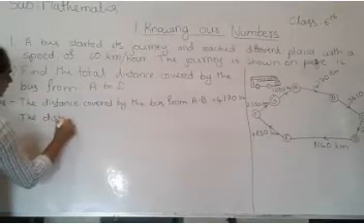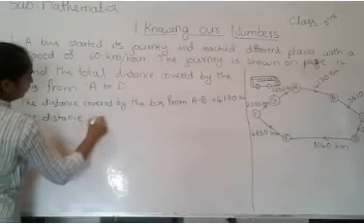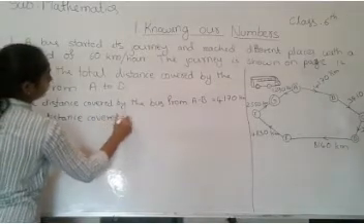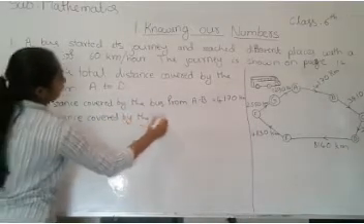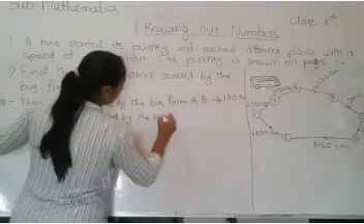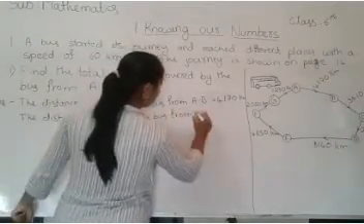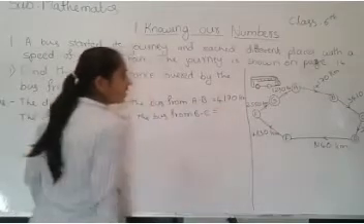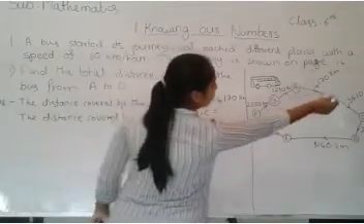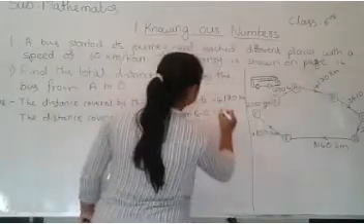The distance covered by the bus from B to C is 3410 kilometers.